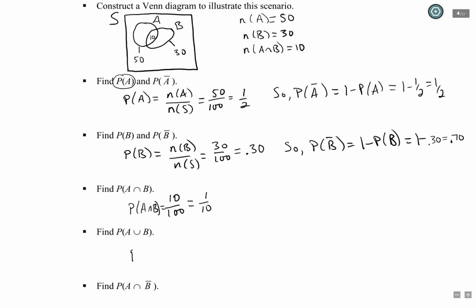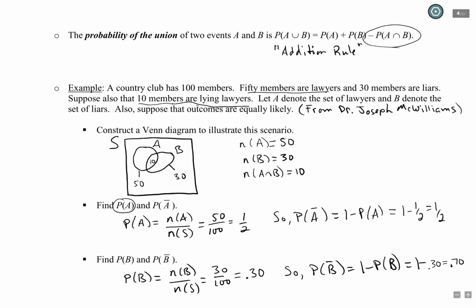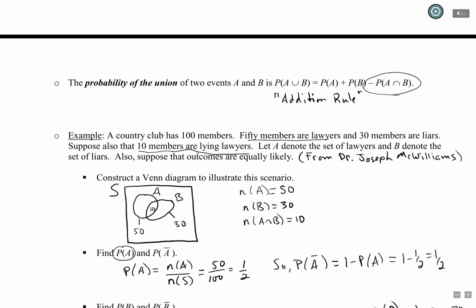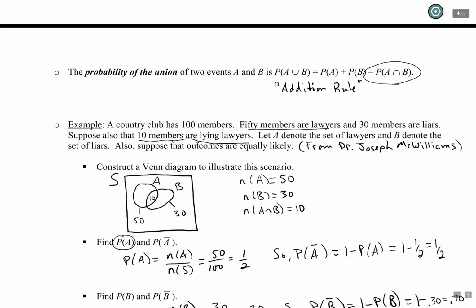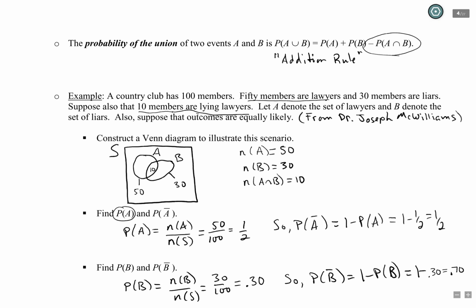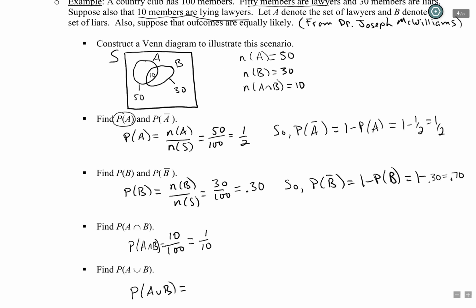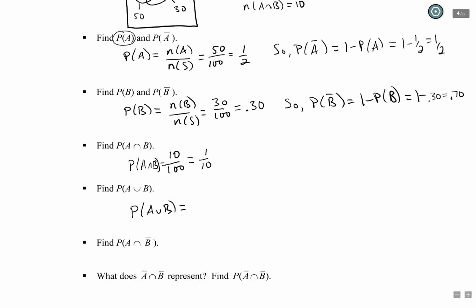The probability of A union B. A couple of ways to tackle this. We can use our addition rule, which tells us that the probability of A union B is the sum of P of A and P of B minus P of the intersection. So we've got those pieces, and so let's go with that.